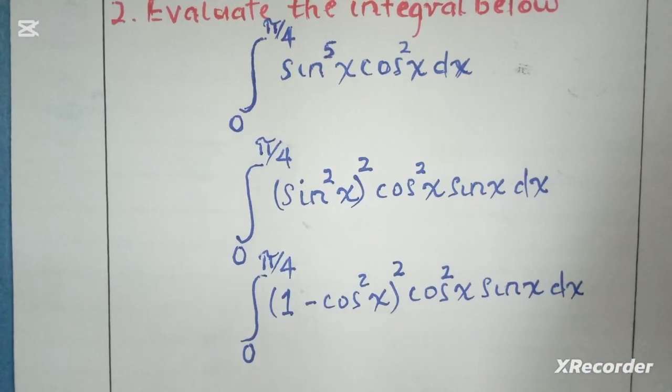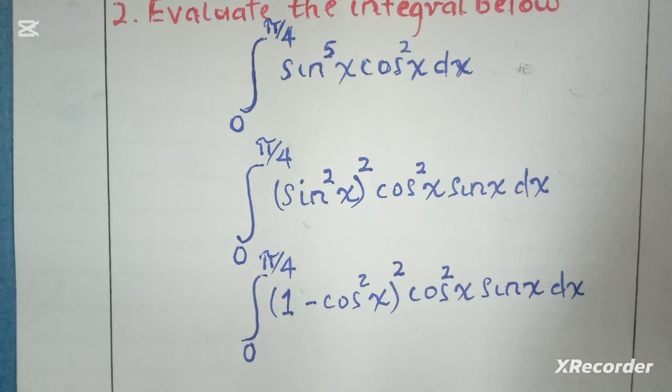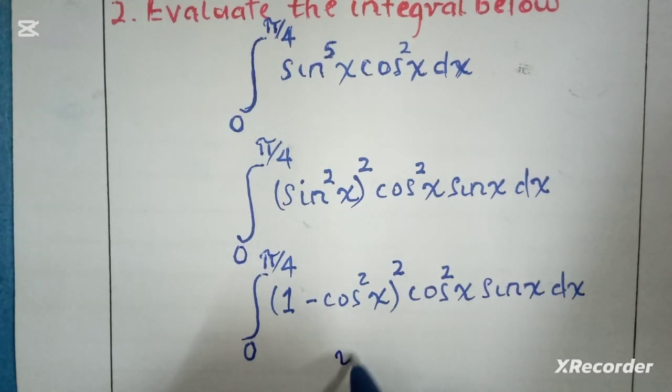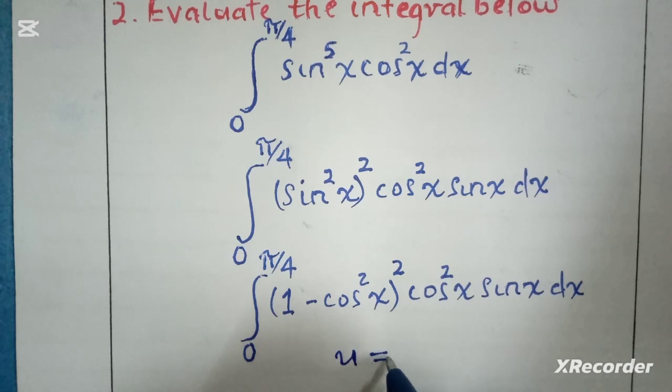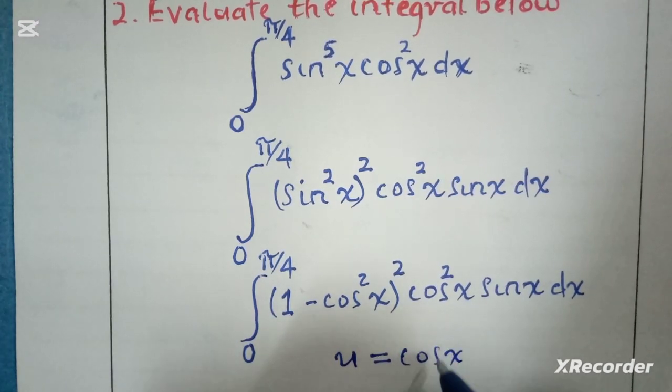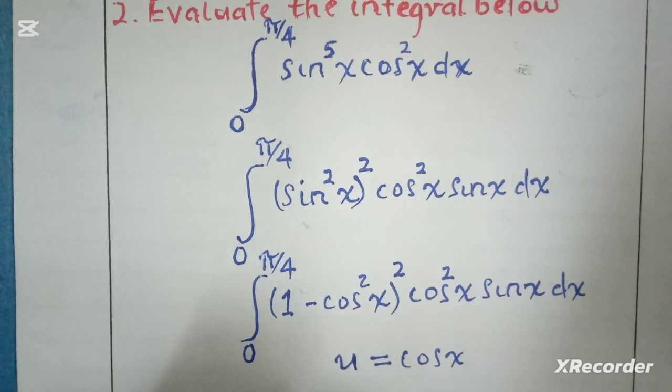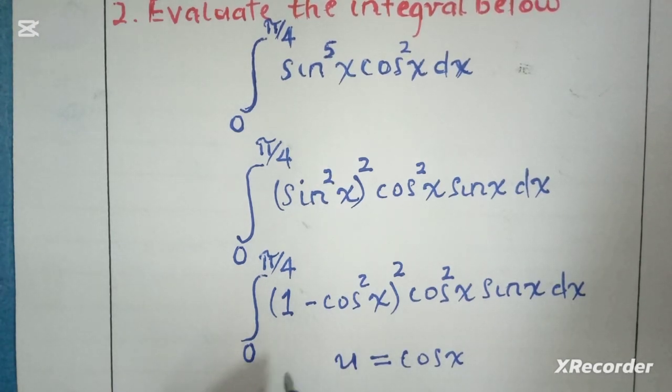So guys, now what we shall do is that we are going to replace cos x by u. We say u is equal to cos x, let u be equal to cos x. We can differentiate that, because what we are interested in is replacing everything with u.